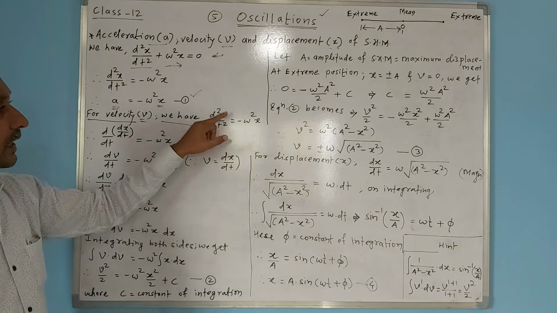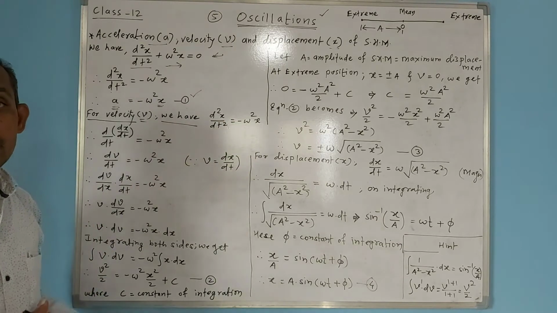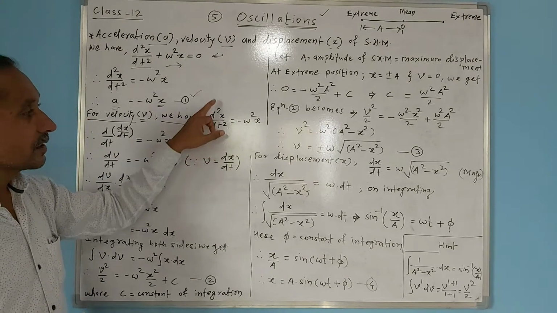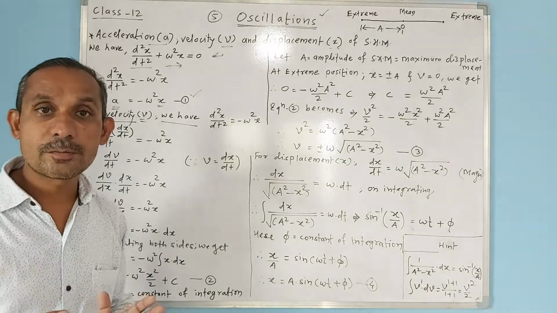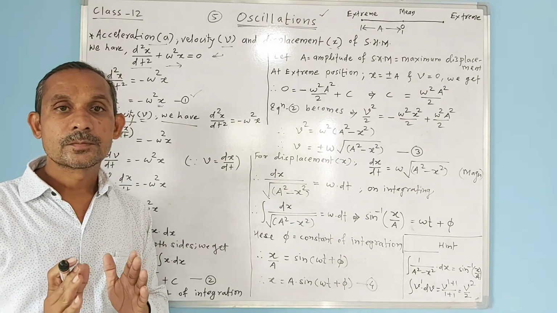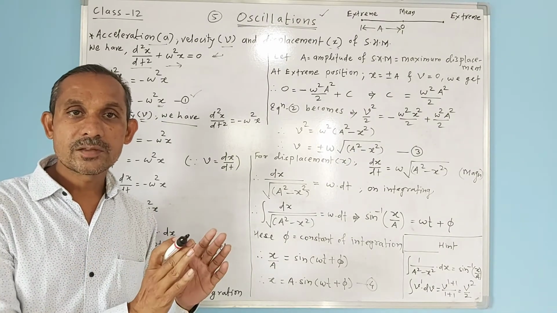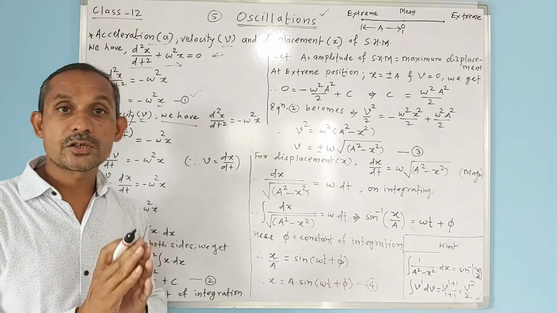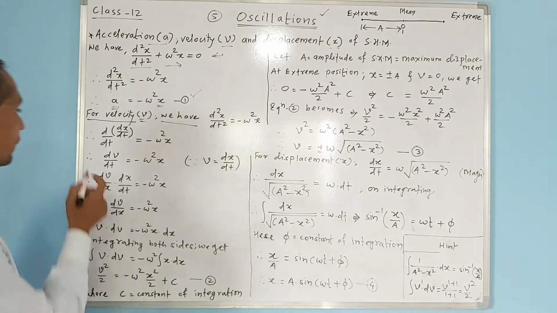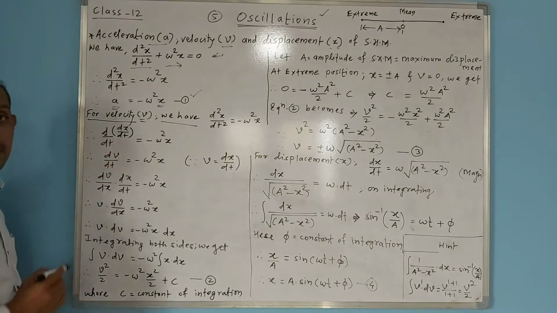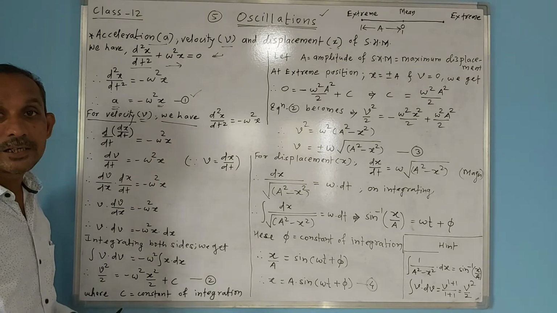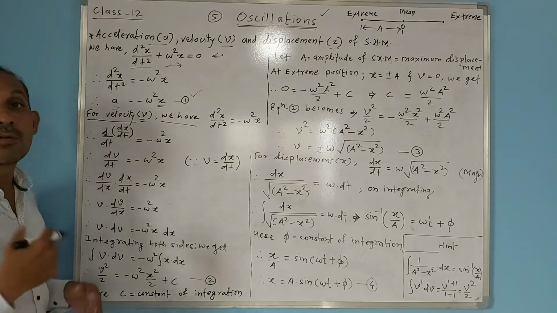Now we know d2x by dt square can be expressed in this way. This is the acceleration, and acceleration is the rate of change of velocity with respect to time. That means d of the bracket dx by dt. What is meant by dx by dt? dx by dt means velocity.